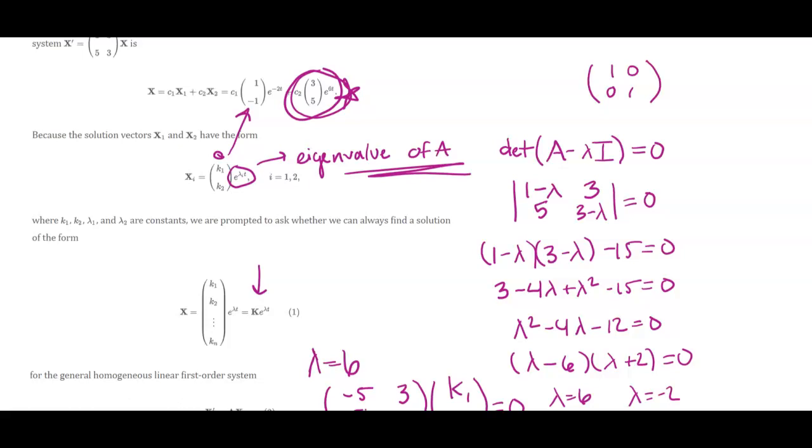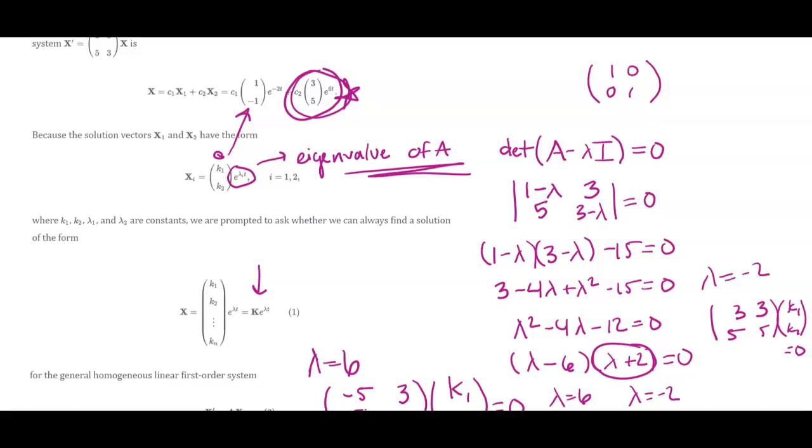You would do that same thing for lambda equal to negative 2. So I have negative 3, 3, and 5, negative 5, times K1, K2 needs to be 0. Oops, I'm sorry, that should be positive 3 and positive 5, since I'm plugging in a negative 2.